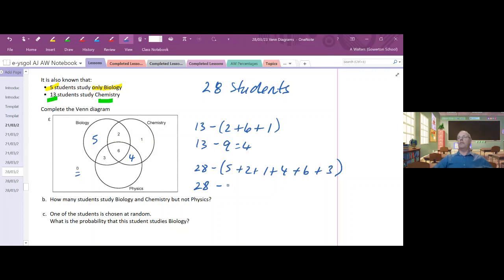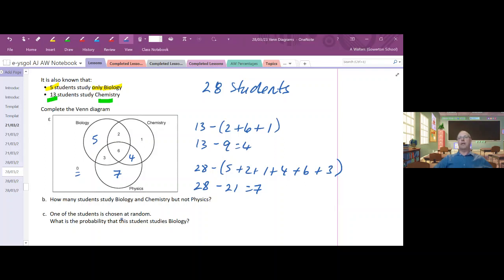If I say 28 is the total of everything, and there's 21 accounted for, I'm left with 7. And 7 would fit in there for people only studying physics.